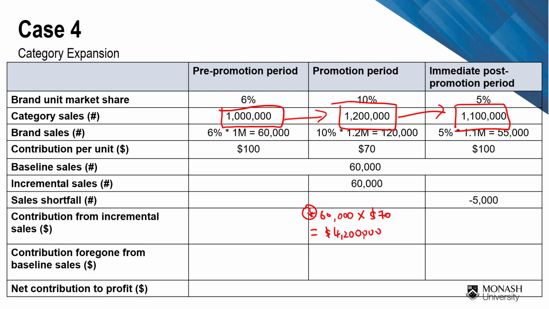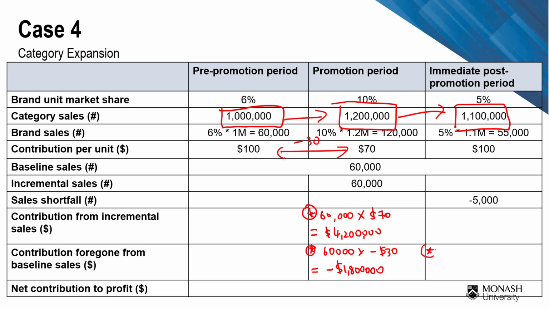And then the contribution foregone from the baseline sales will be this one. So it will be 60,000 times minus 30, the reason being that it's foregoing $30. So there you go. That's going to be minus 1.8 million.